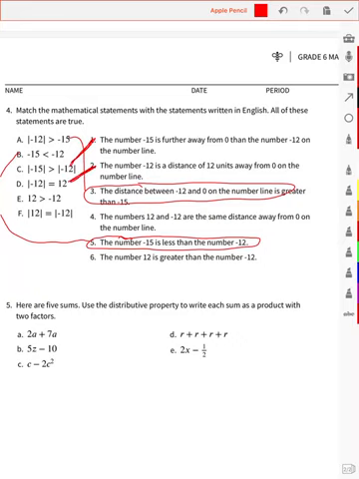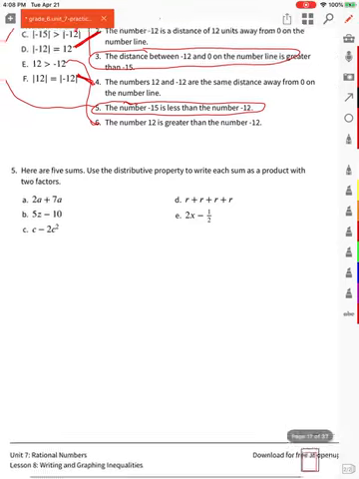D is equal to 2. E, 12 is greater than negative 12. So that's 6. And the absolute value of 12 is equal to the absolute value of negative 12. That's going to be this one, negative 4. The numbers 12 and negative 12 are the same distance, so that makes them equal.